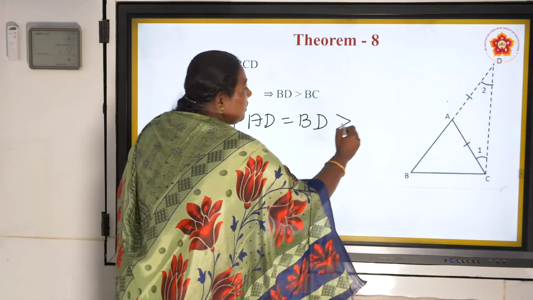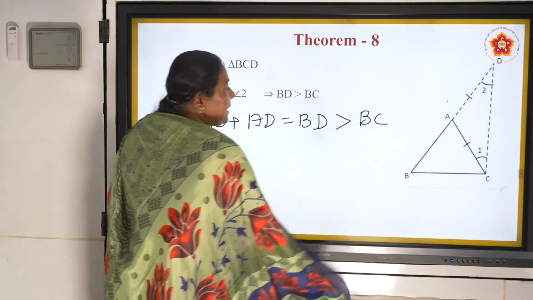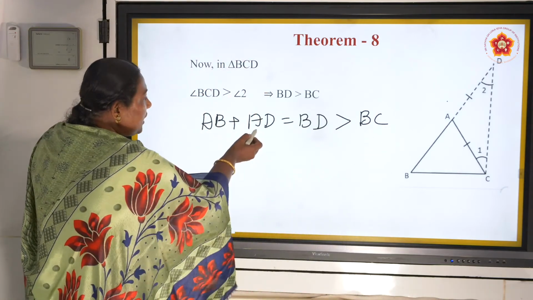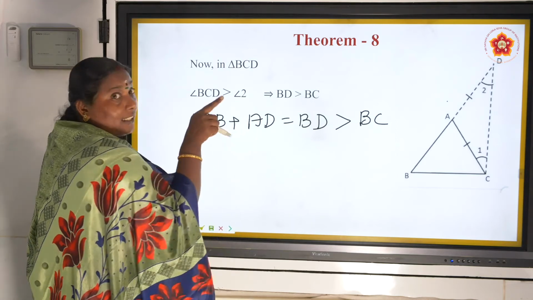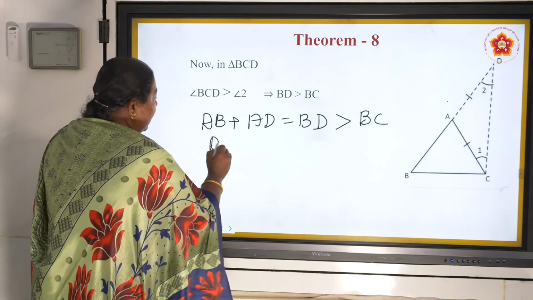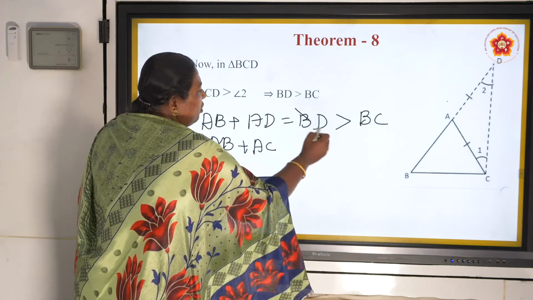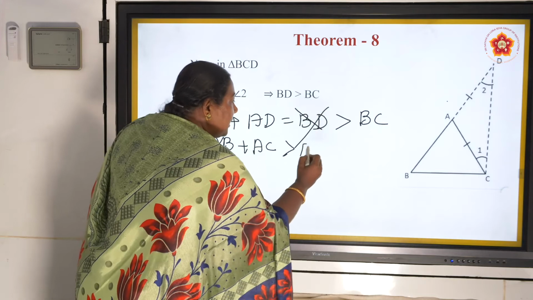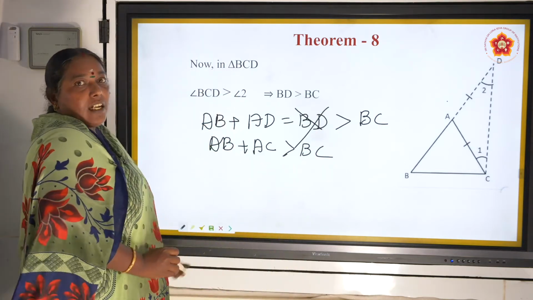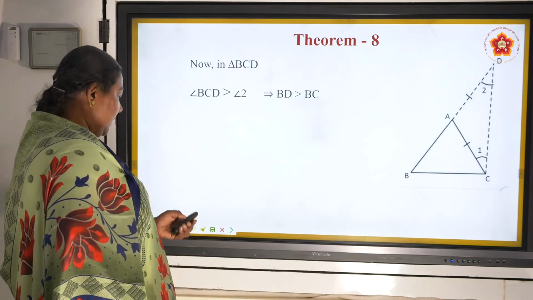Now BD is greater than BC. Now who is that AD? Already that is my construction. So I can write AB plus AC. I don't want this; directly I will write it as greater than BC. That's all, I reached my destination.